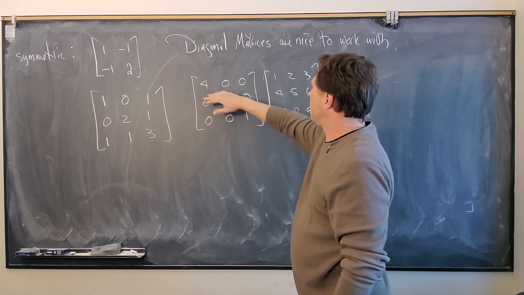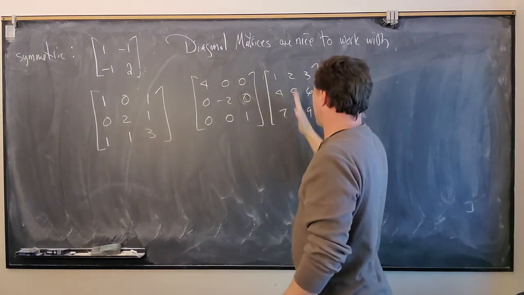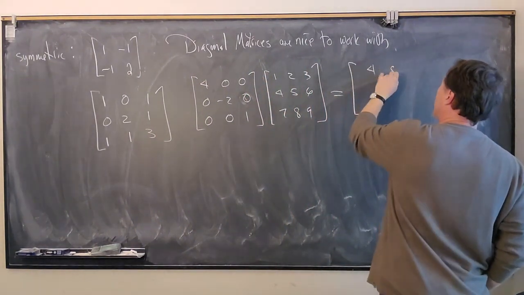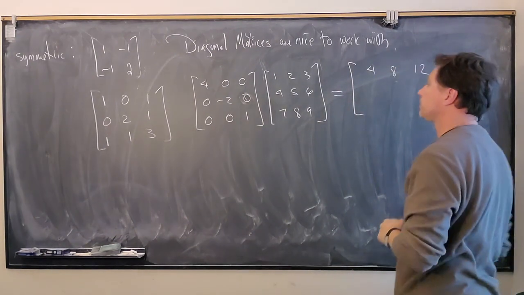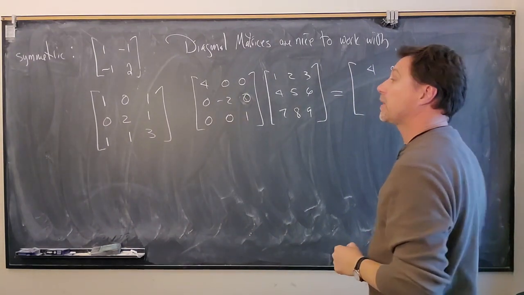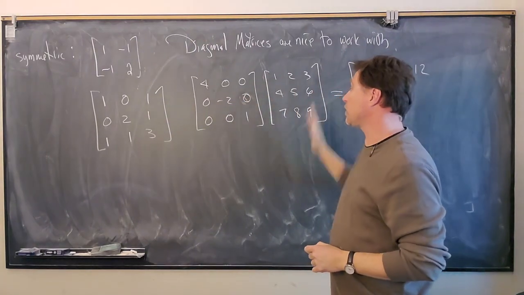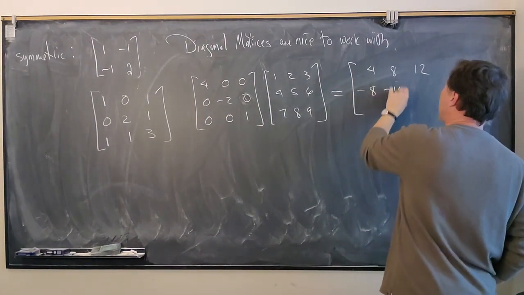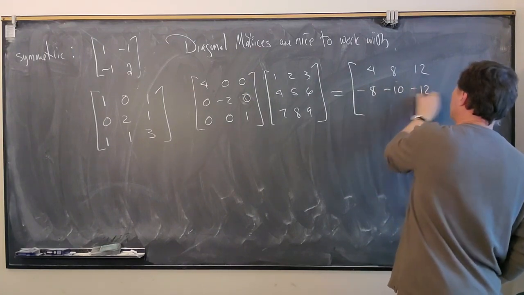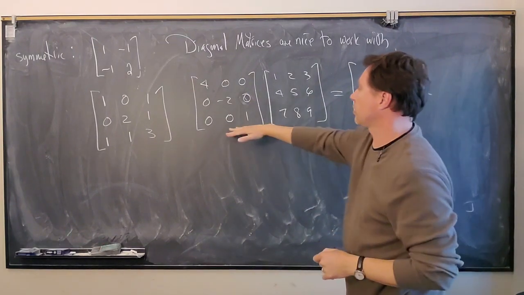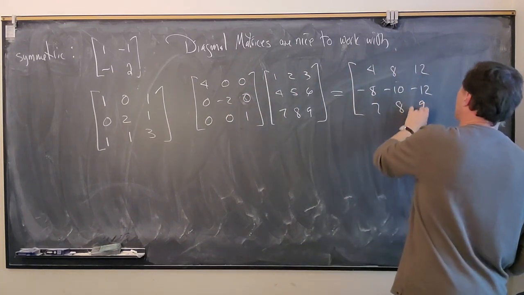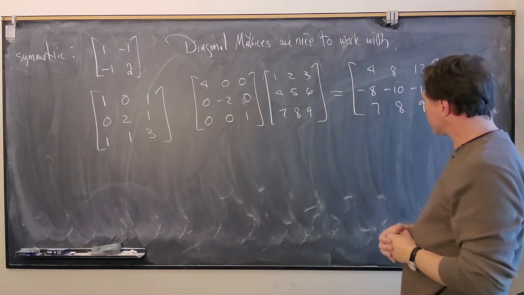I'm going to take this row and dot it with each column, and what we're going to get is 4, 8, 12. Now I'm going to take the second row, dot it with each column. That will give me -8, -10, -12. Then I'm going to take the third row, dot it with each of the columns, and what we'll get is 7, 8, 9. So what just happened here?